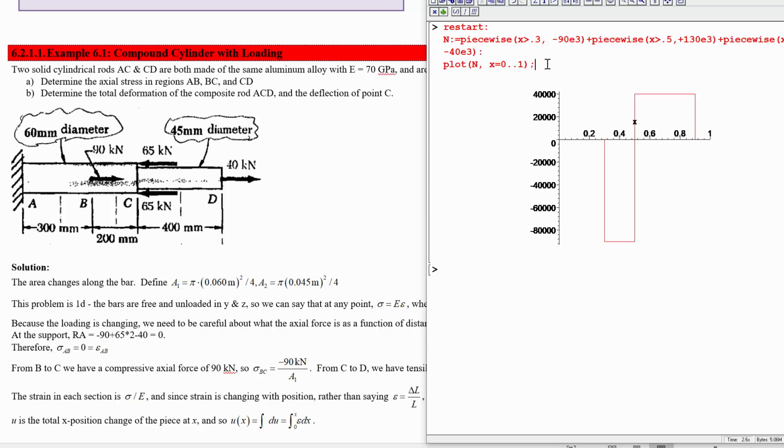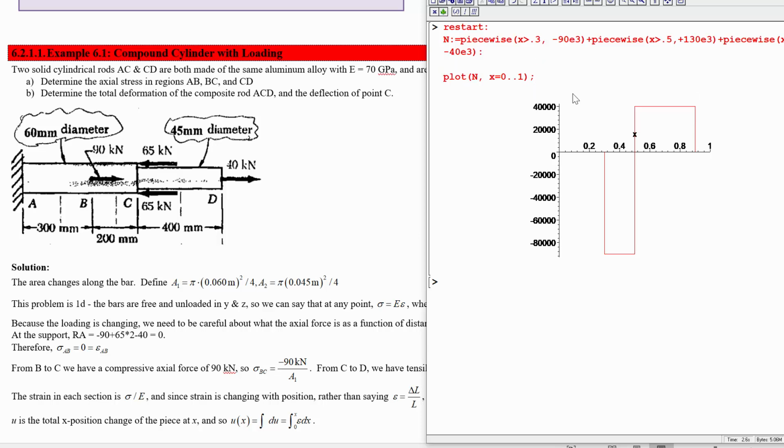Now we can do this systematically with Maple if we put in what the area is in each different section. So first let's put in the diameter, maybe call it diam, is piecewise if x is less than or equal to 0.5, then the diameter is going to be equal to 0.06 meters.